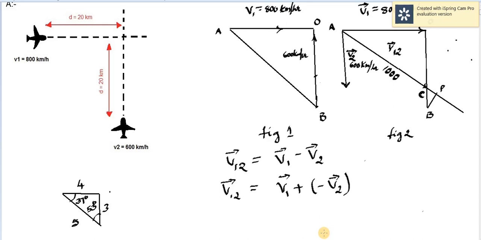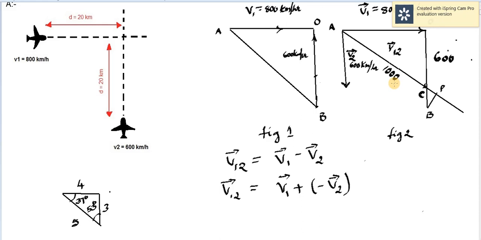AO is 800, OC is 600, and AC is 1000. How do we get that? Using Pythagoras theorem: AC is equal to the square root of 800 square plus 600 square, which finally gives us 1000 kilometers per hour.